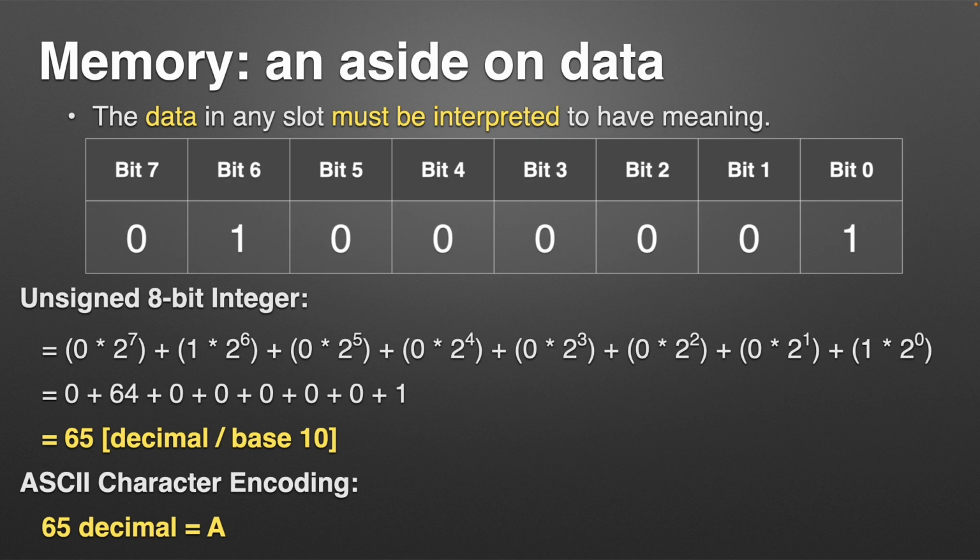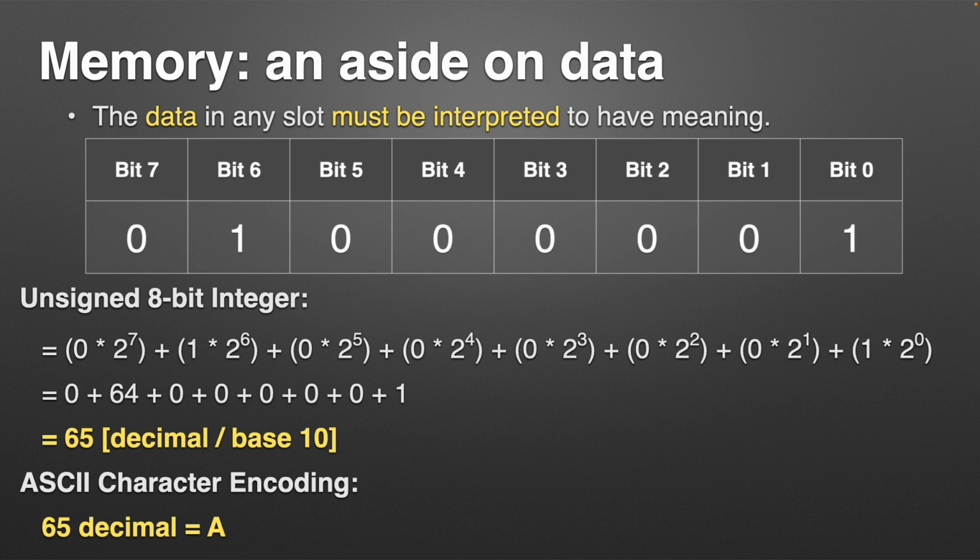And if there's a 1 here, we multiply it, we count it, right? So here's kind of the quick math on what we've got here. So this comes down, and we get 65 in decimal, base 10, what we work with when we do math. That's if it's an unsigned 8-bit integer.